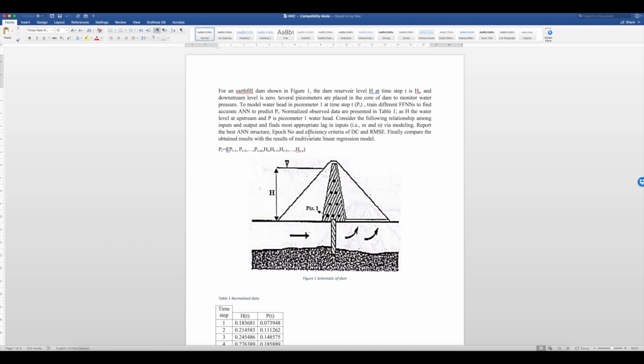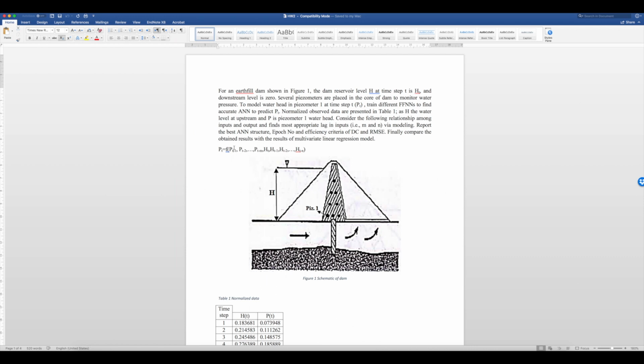Now, what do we mean by estimating or forecasting P at time T by using P of T minus 1? That means we use the pressure at one previous time step in order to estimate the pressure one step ahead.